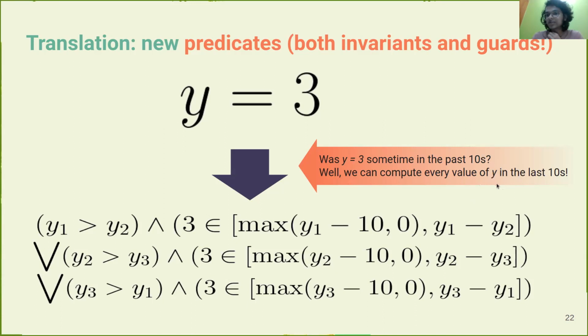In this case, it's a clock y in the past 10 seconds. And if we can compute every value of a system variable within the given delay period, then we can indeed set up the invariants to also work within the translation.